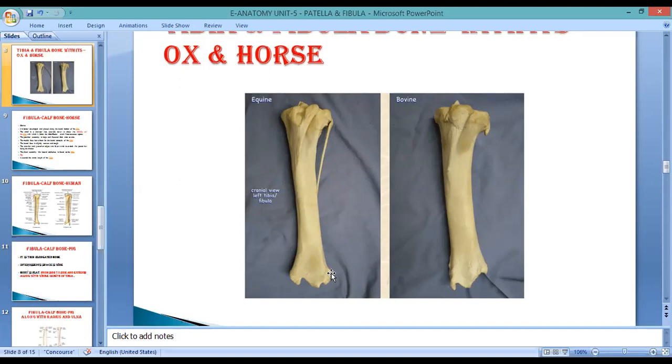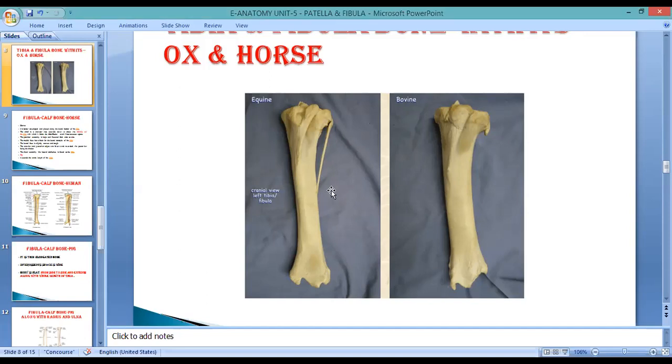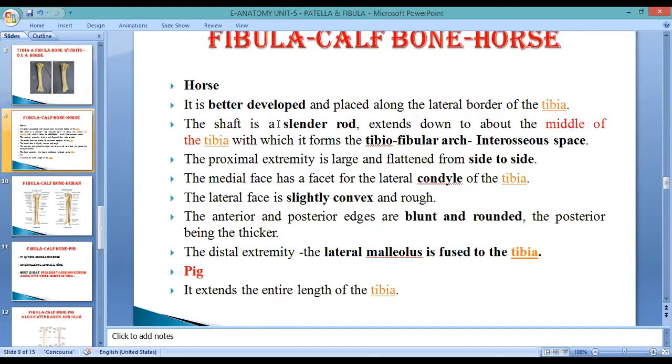In some horses, this lateral malleolus reaches up to the hair. This cylinder-shaped part comes in contact with this portion. So the distal end of the equine fibula also comes in contact with the lateral malleolus of the tibia bone. So we have completed the fibula of the horse.